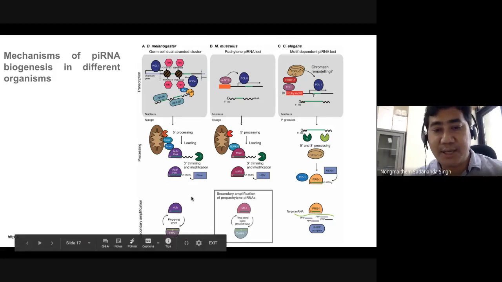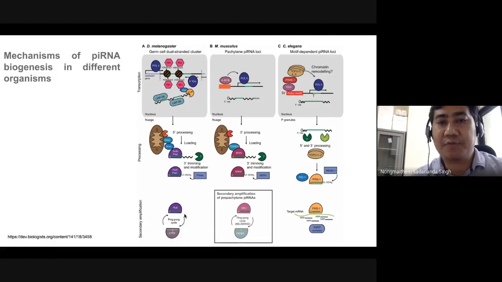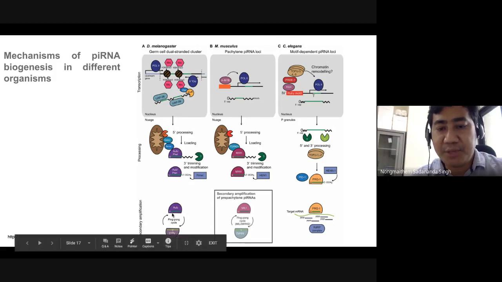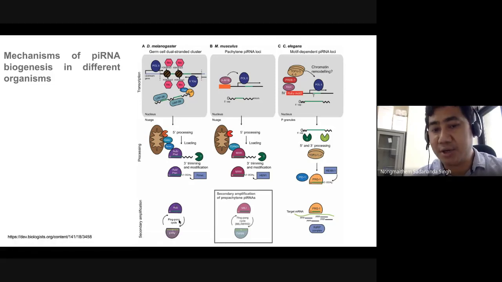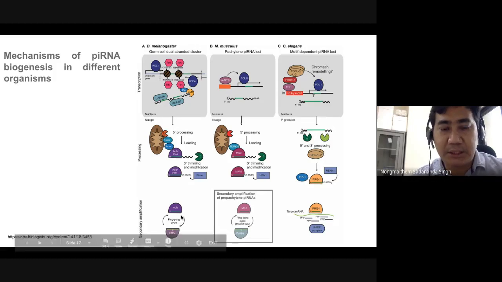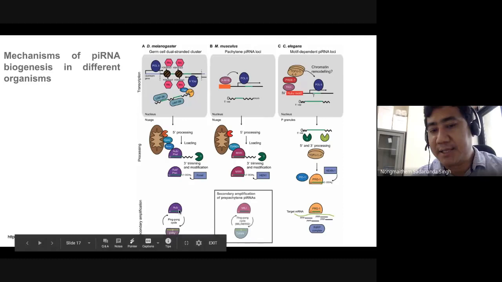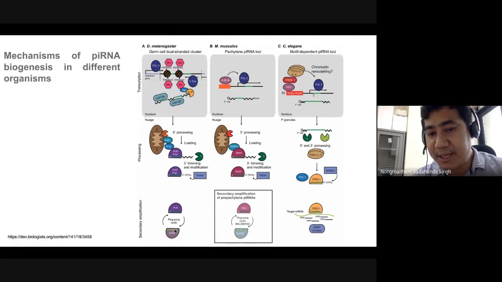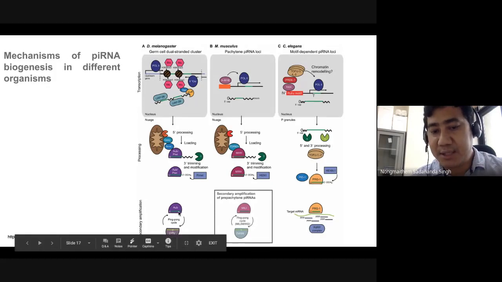What is important here is that in the piRNA pathway, there is the Piwi complex, and another Argonaute protein, Argonaute 3, can also be involved in piRNA activity. The difference between the Piwi complex and the AGO3 complex is that the RNAs in the complex are generally complementary.